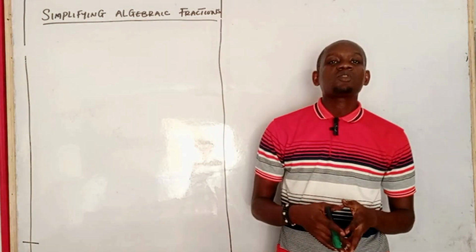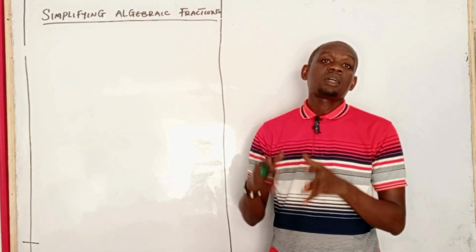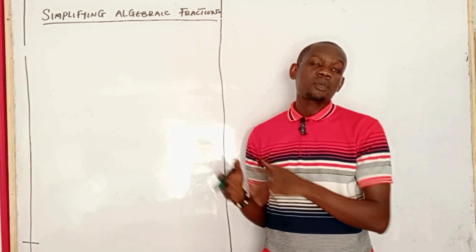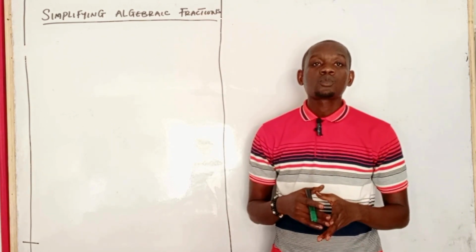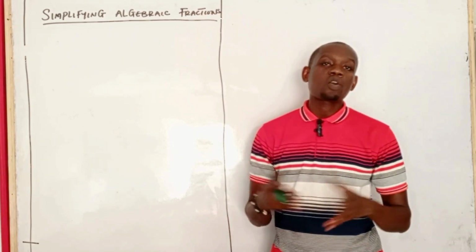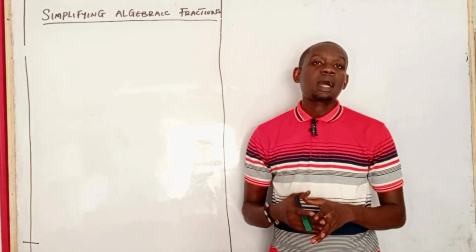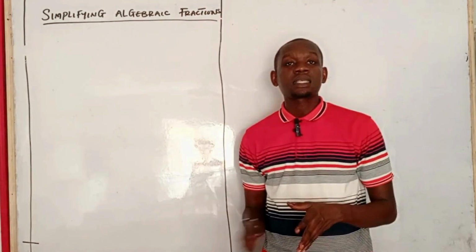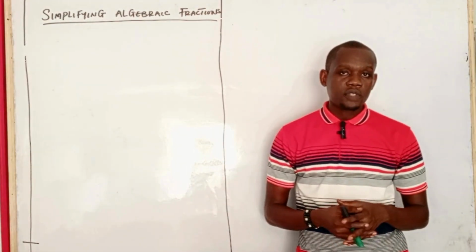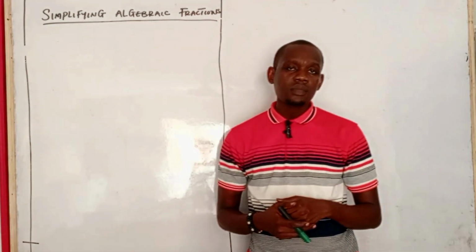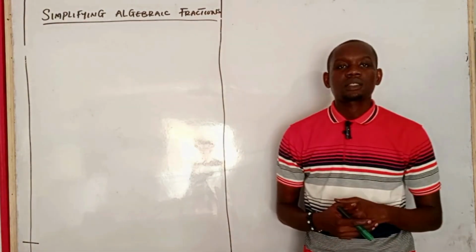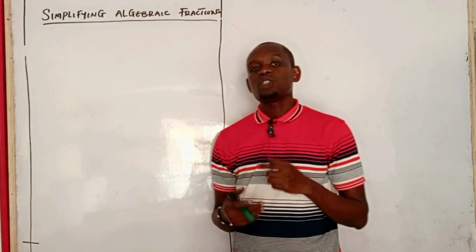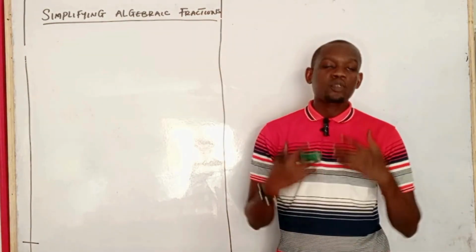Because after you have factorized the numerator and the denominator, you'll be able to cancel out the common factors, and then from there you can proceed with your solving until you get to the simplest form of it. That is one.